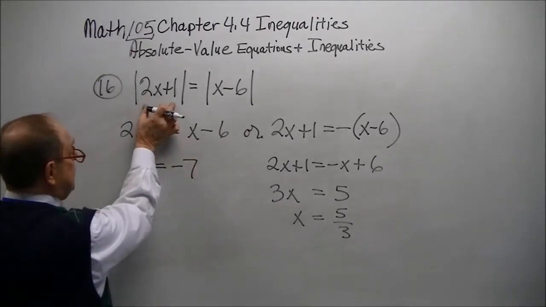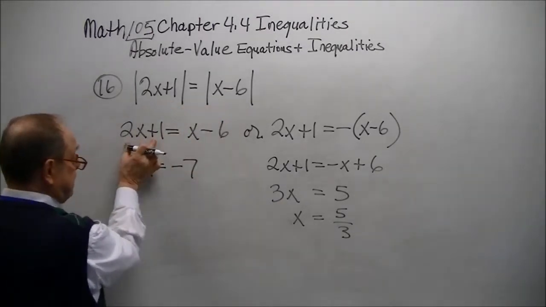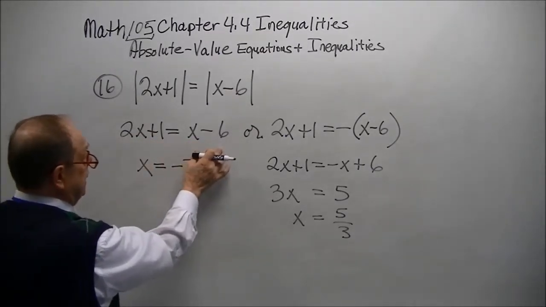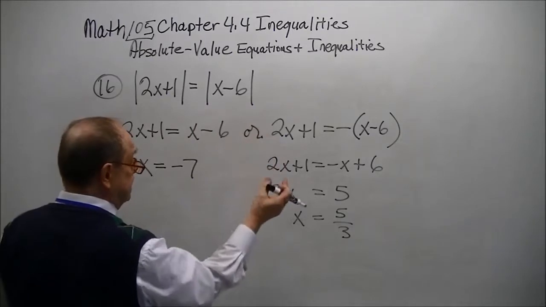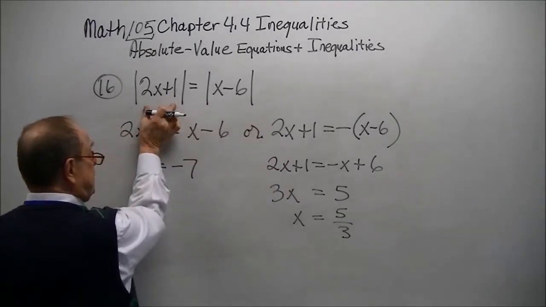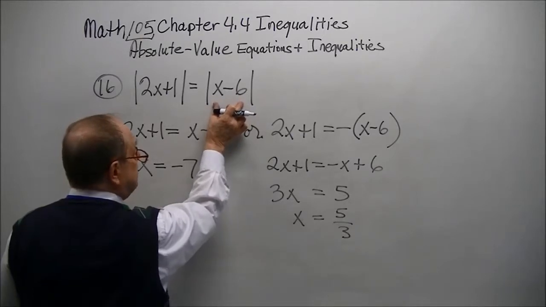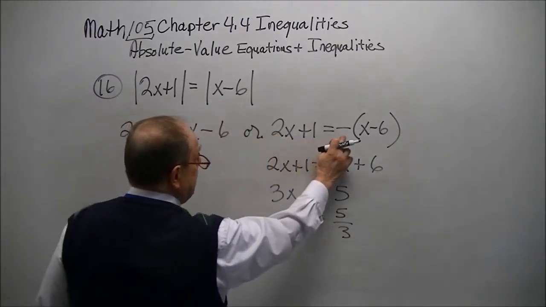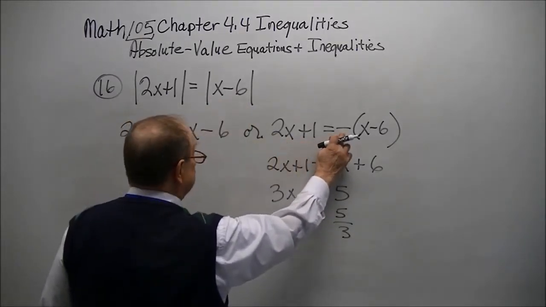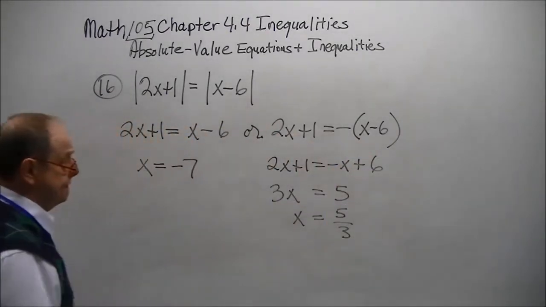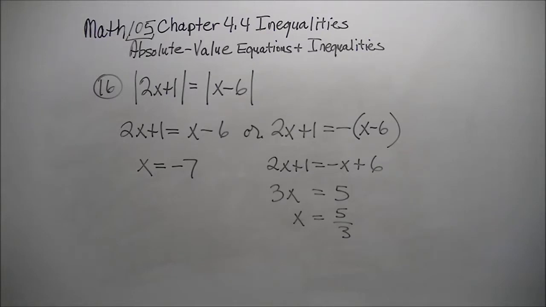So we're taking away our absolute signs, and we set our first equation up just like that. Then when we set up our second equation, we take away the absolute sign, but we need to put the opposite of this. And that's what I've done here by putting a negative in front of what was in the absolute sign there. Okay? So that's the strategy behind it.